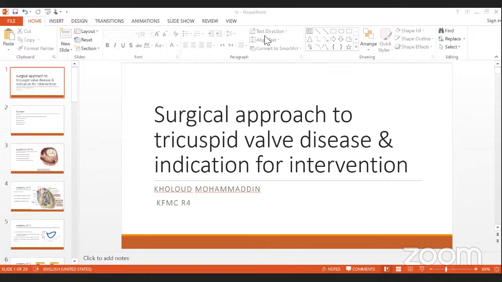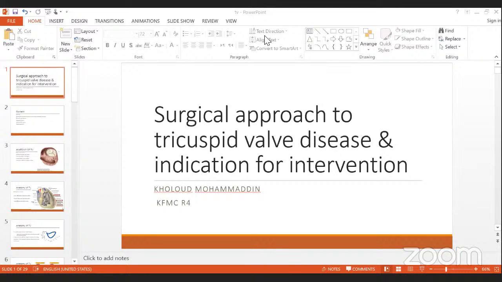But tricuspid, once you have an indication, please do it. You will see in all the guidelines and all papers there is a great emphasis on intervention on the tricuspid valve.